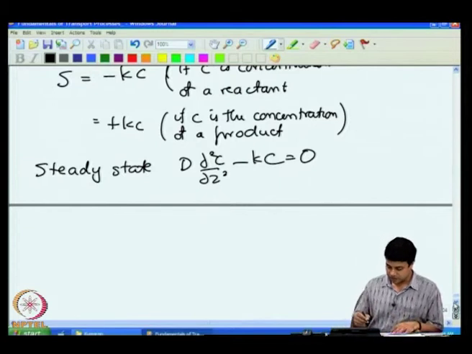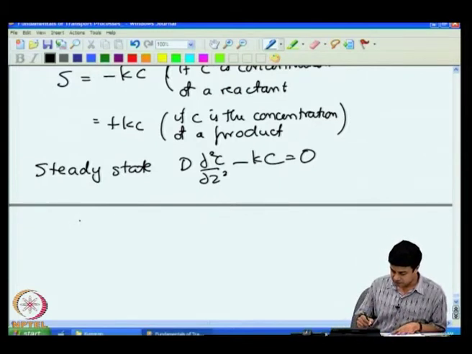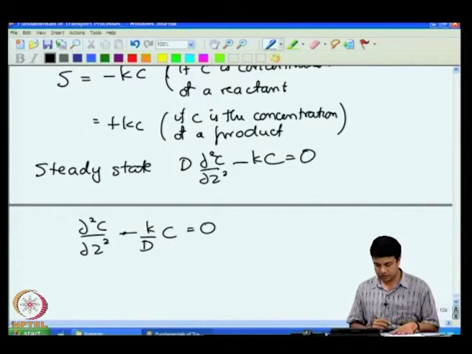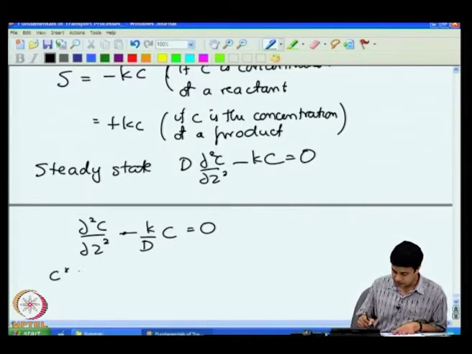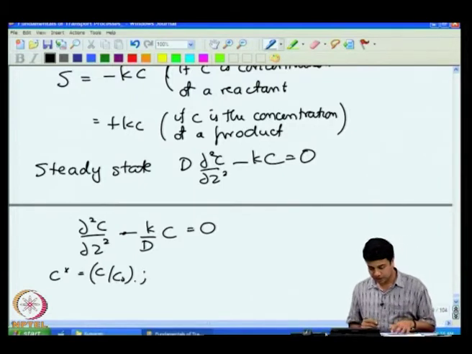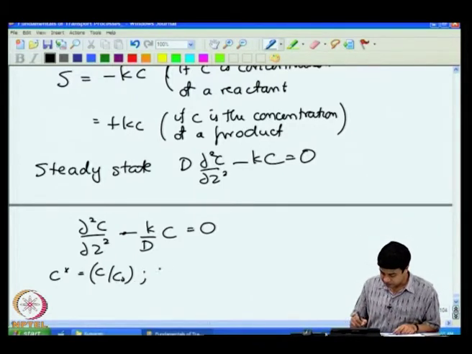So, if I divide throughout by the diffusion constant, I get d square C by dz square minus k by D C is equal to 0. If I define C star is equal to C by C naught, I get a length scale out of here.